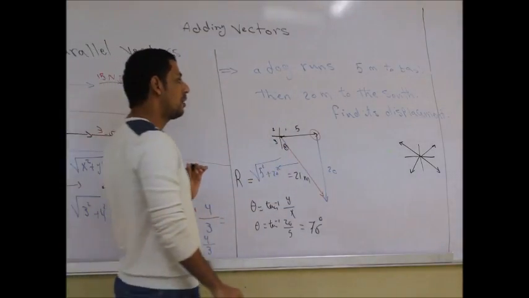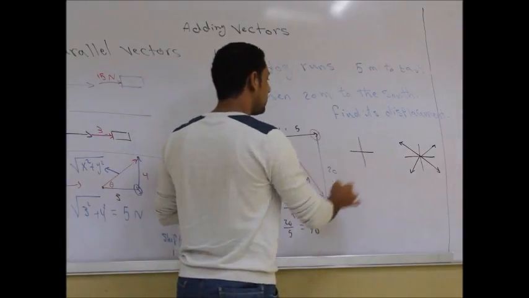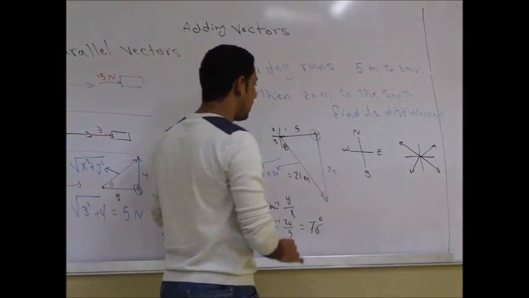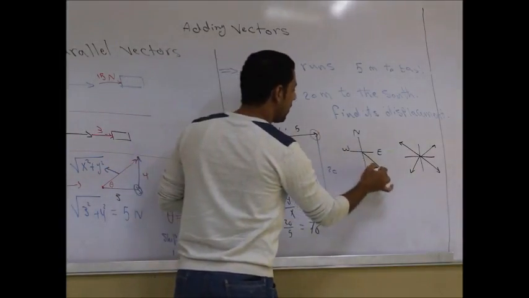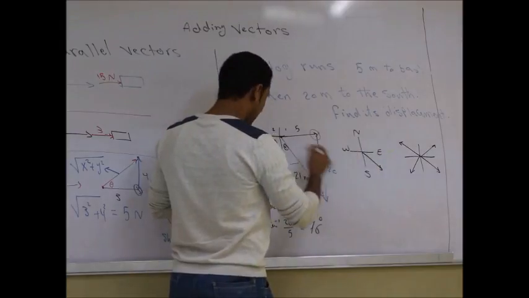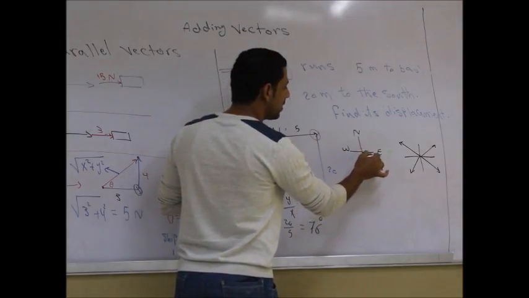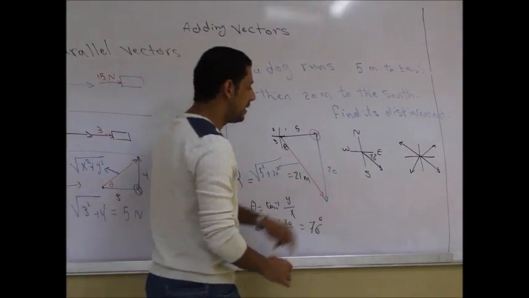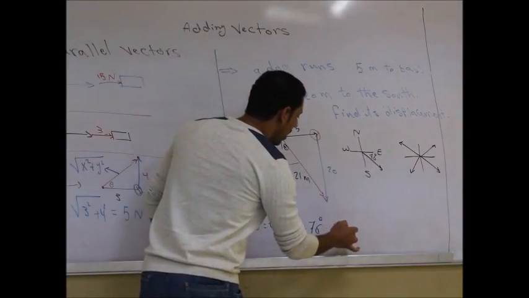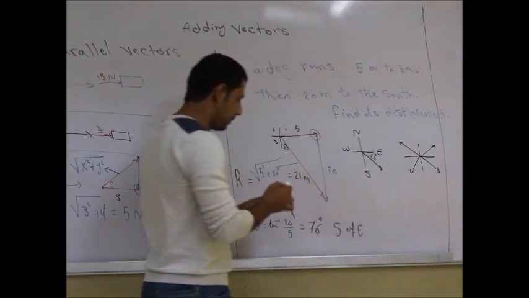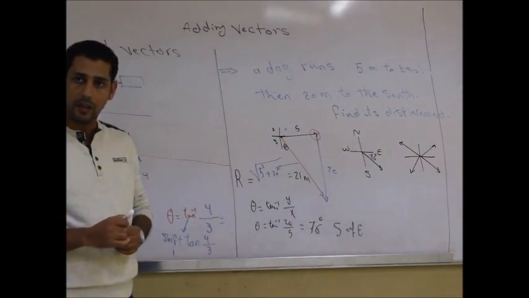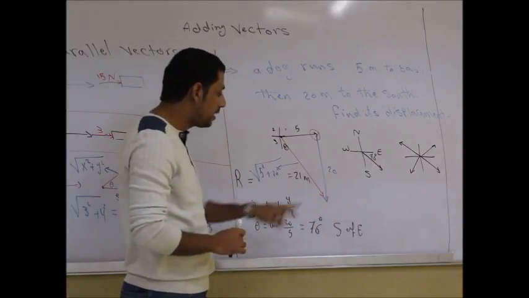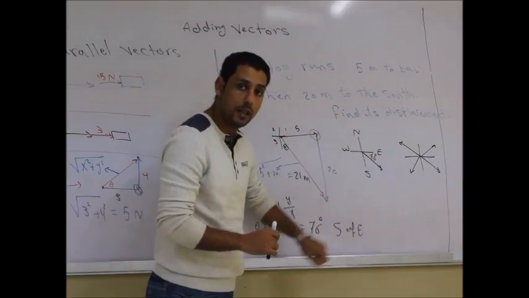So the point is you have two ways to describe this direction. The first way, you can just say east, west, north and south, and my vector is between south and east, and its angle is 76 degrees. How can we read this angle? It will be 76 south of east, which means my angle is between south and east.